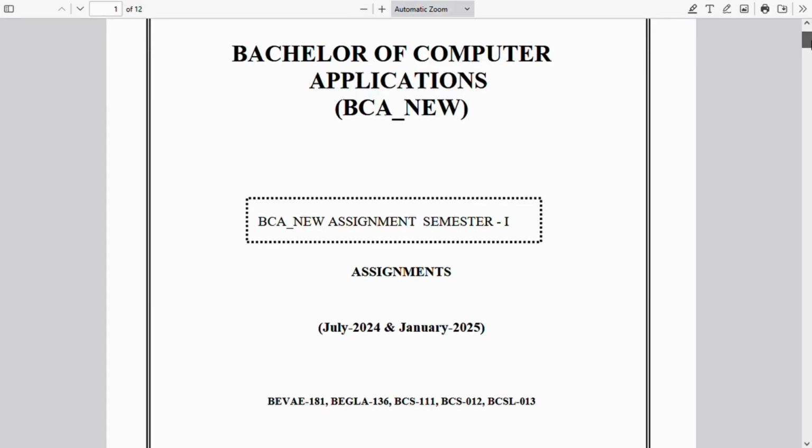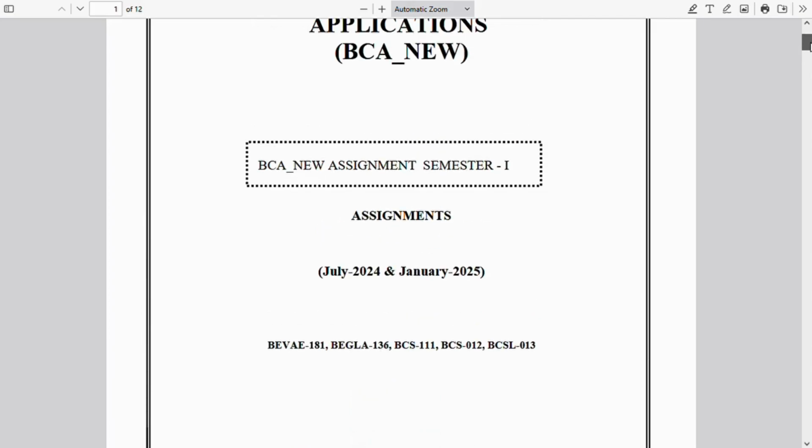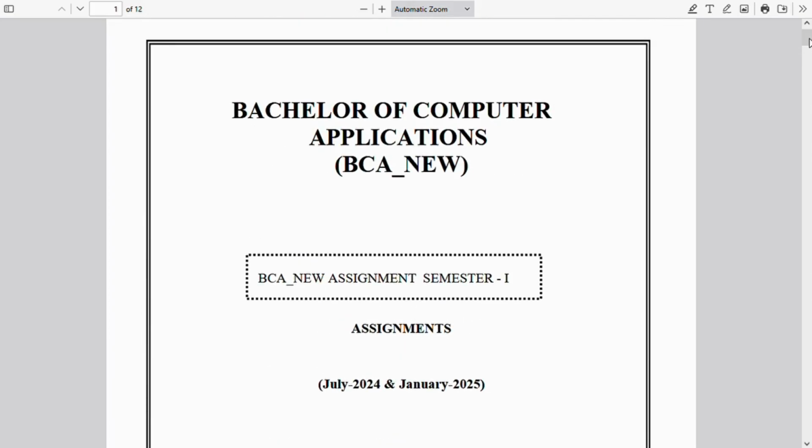There is also another problem. When we look at the question, it will be hard for us to guess which chapter it is from. If you find the right chapter, then you can go to that chapter, study specifically for that question, and then write the answer for the assignment.